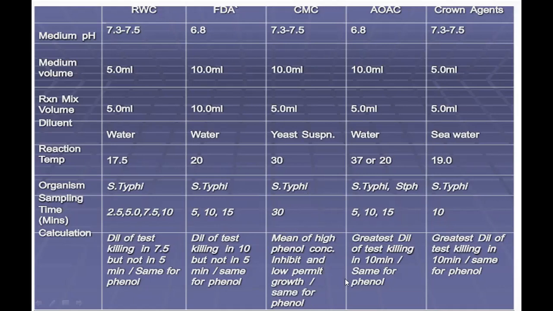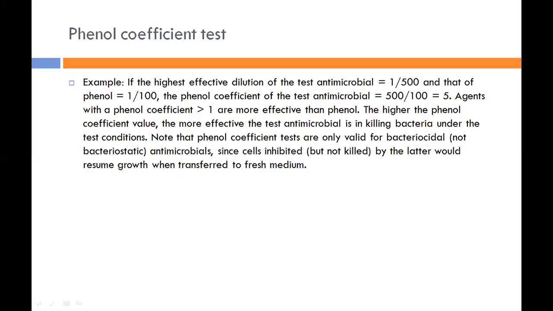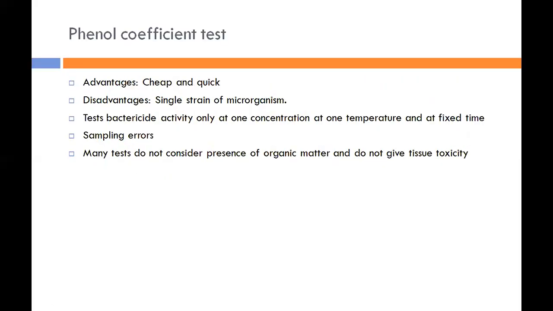So there are advantages and disadvantages for this phenol coefficient test. Advantages: it is a cheap test and quickly performed. So you don't need extraordinary chemicals or laboratory setup to perform this test. And disadvantages: only a single strain of microorganism can be tested against a given antimicrobial agent.